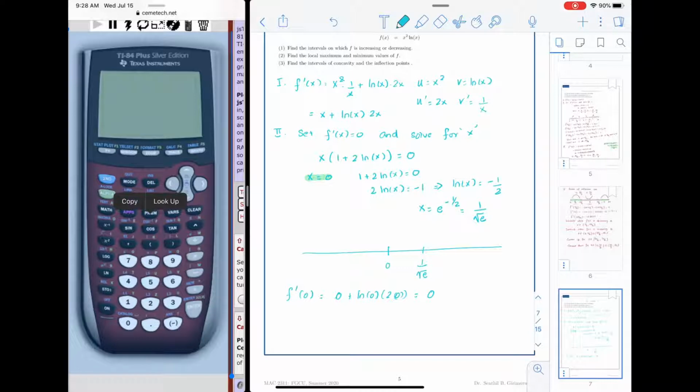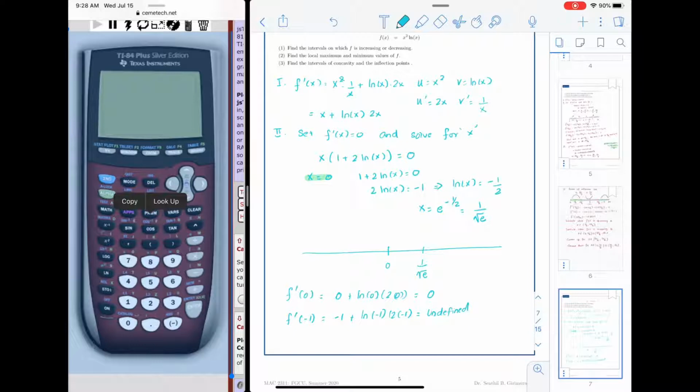So pick an easy number between negative infinity and 0. So we will have negative 1 plus ln of negative 1 plus 2 times negative 1. But we can't take ln of a negative number. So that would become undefined.